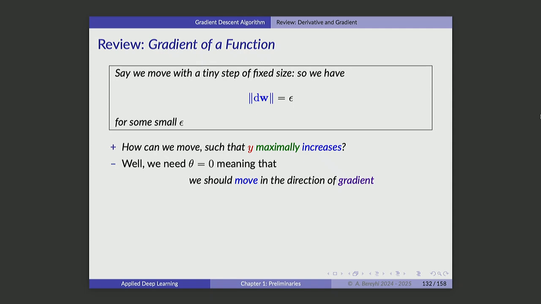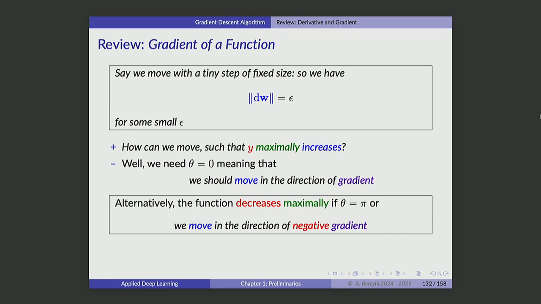Now, just a question before. If you want to minimize it, so you want to decrease it as steeply as possible, what is that direction? Totally opposite, right? Instead of going right up, just go right down. If you put theta to be pi, then it's basically the negative direction of the gradient, and this is the direction in which your function is going to decrease as steeply as possible.